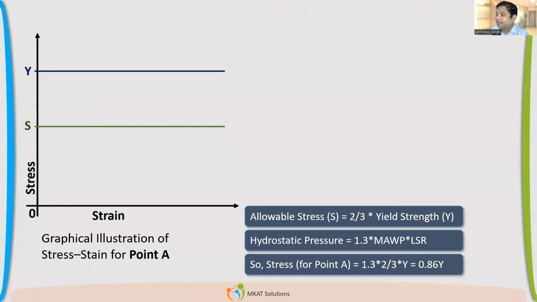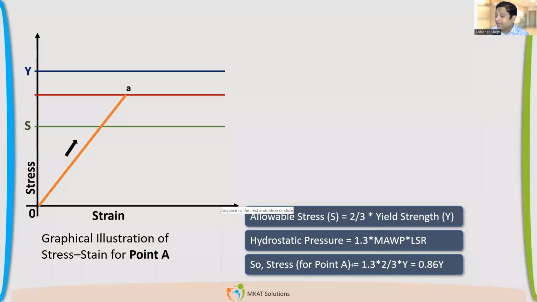Now here it is becoming interesting. Let this point be 30% higher, so my stress level is increasing up to this. Still we are below yield, right? We are not touching yield. If you want to see exactly where we are, and we put the allowable equal to 2/3 of yield, we are at 86% of yield.